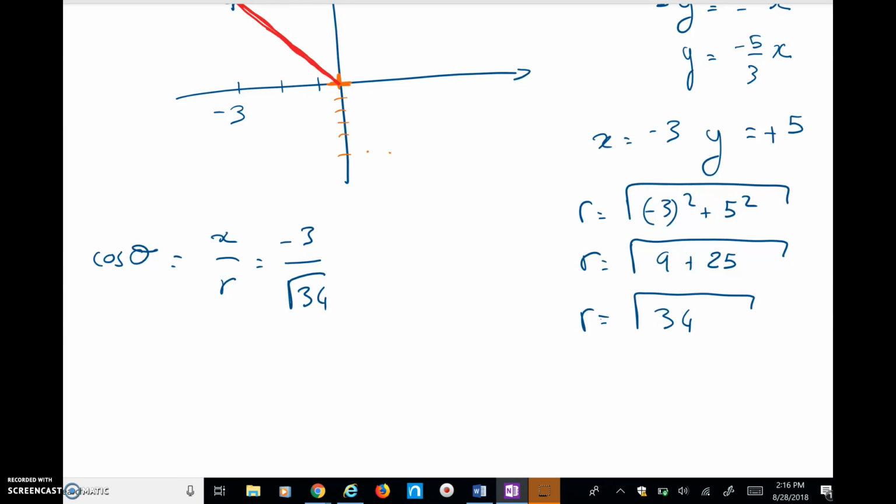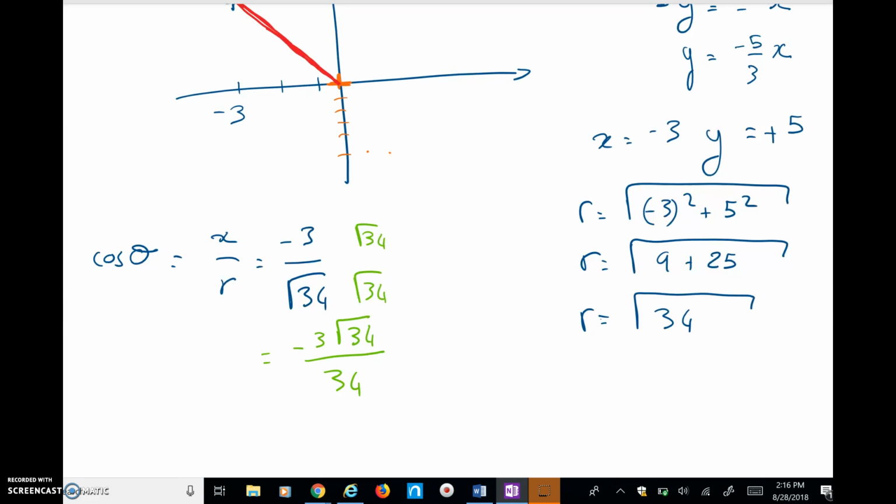Now, I don't like to have the square root of 34 on the bottom, so I multiply by the square root of 34 both top and bottom. I rationalize my denominator, and I end up with negative 3 square root of 34 divided by 34.